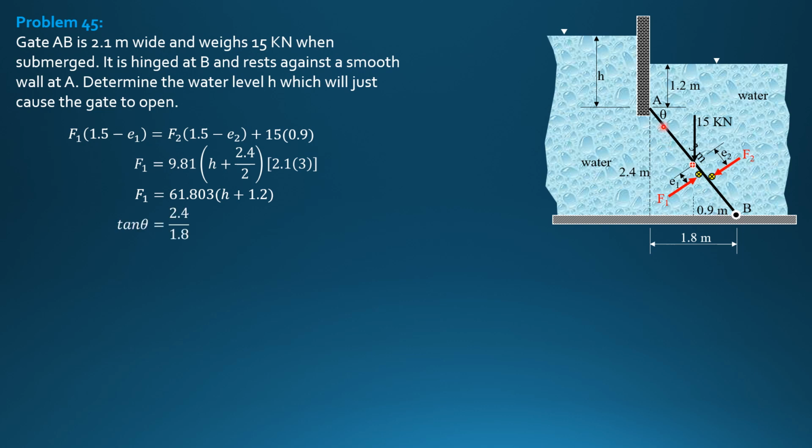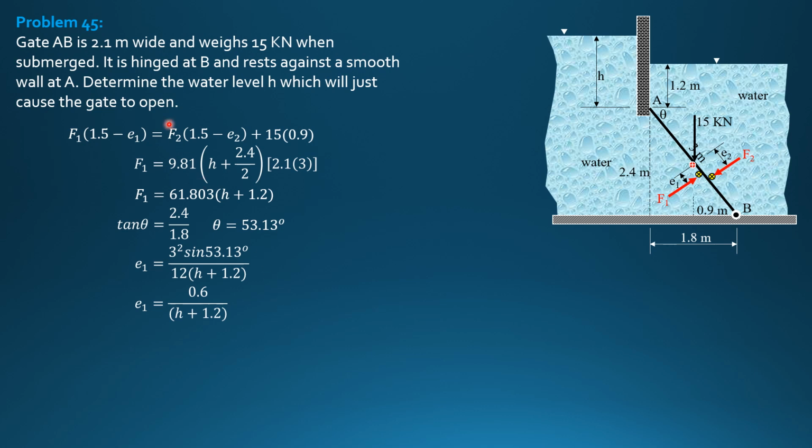Tangent theta is 2.4 over 1.8, so theta is 53.13 degrees. Then E sub 1 is height of gate 3 squared times sine of 53.13 degrees over 12 h bar, where h bar is H plus 1.2. Simplifying, E sub 1 is 0.6 over H plus 1.2.